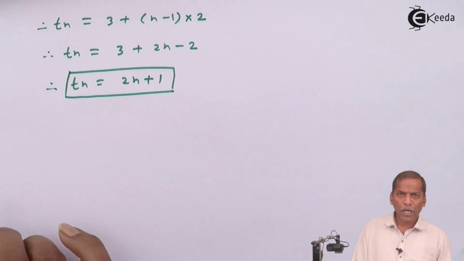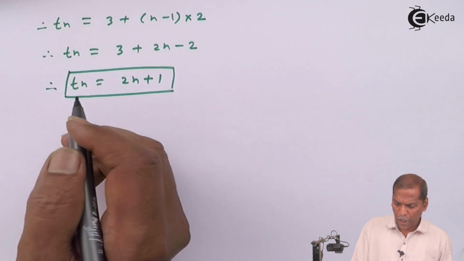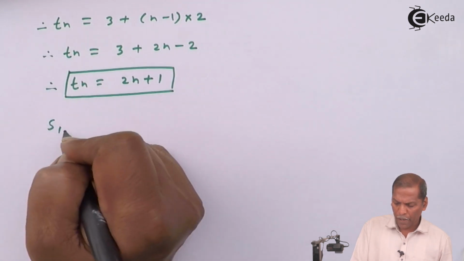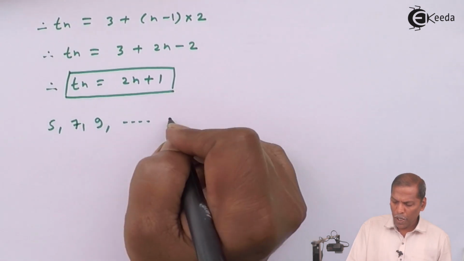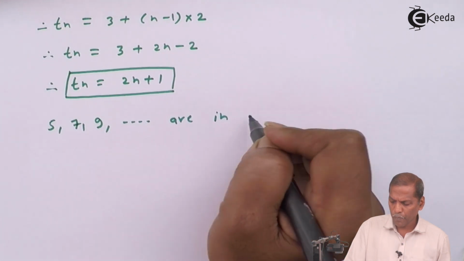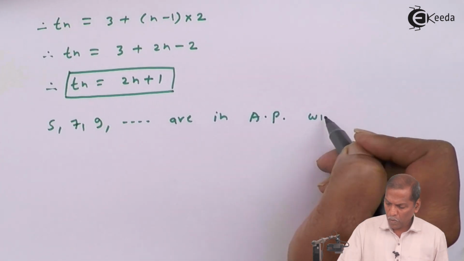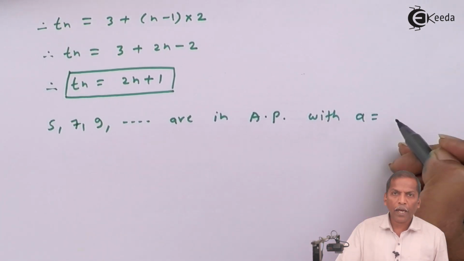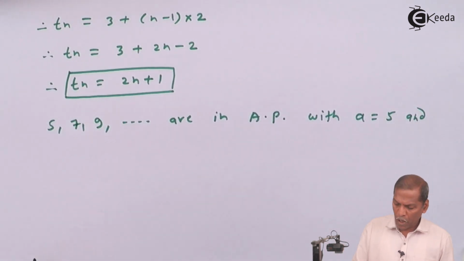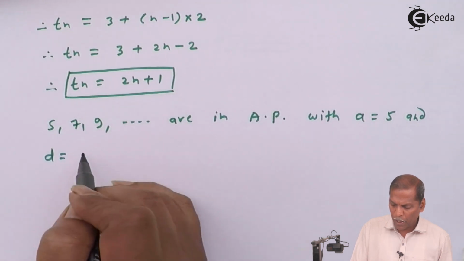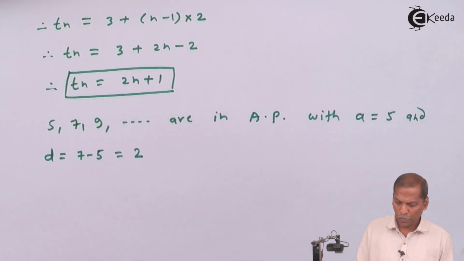Now we consider the second numbers present in the denominators, that is respectively 5, 7, 9 going on. They also form an AP with first term A equal to 5 and common difference D equal to 7 minus 5, that is equal to 2.